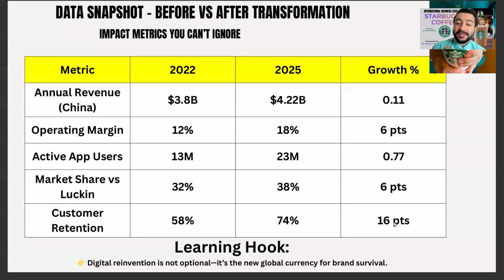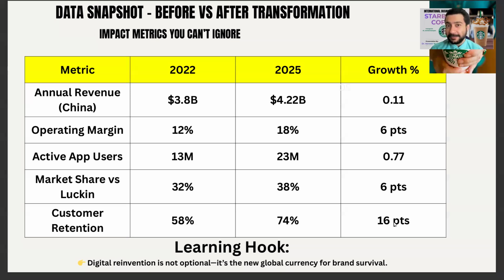That's the modern MBA or international business lesson we are supposed to learn: the market does not reward who starts first. It rewards who adapts faster. So adaptation is very important here.